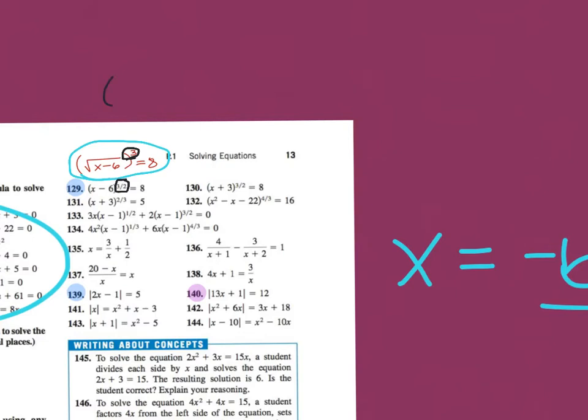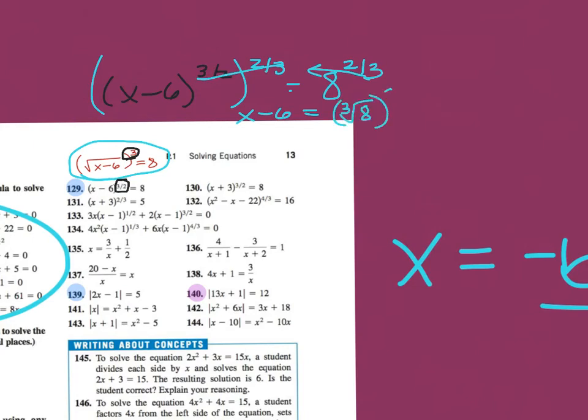So if it's x minus 6 to the 3 halves, then I'd raise it to the 2/3 on both sides. So these are going to cancel, and I get x minus 6 equals, the 3 slides over to become the index. So this is the cube root of 8 squared.